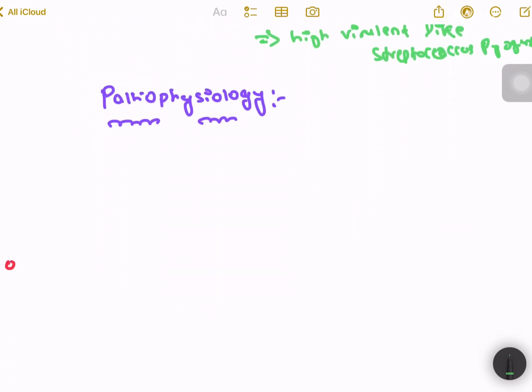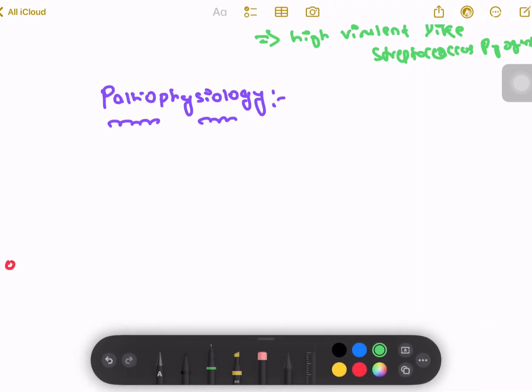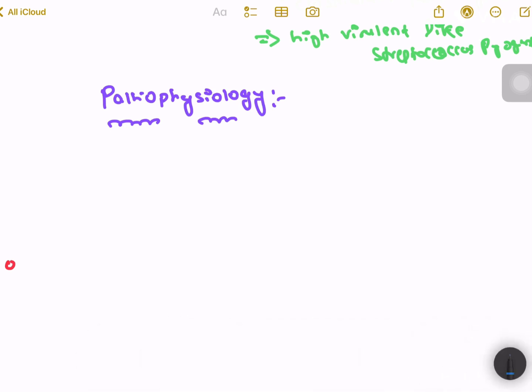What is the pathophysiology? Why is not everyone getting cellulitis? We will see what is the reason behind it. First, the risk factor. The risk factor for the pathomechanism of cellulitis is first diabetes or any immunocompromised state.